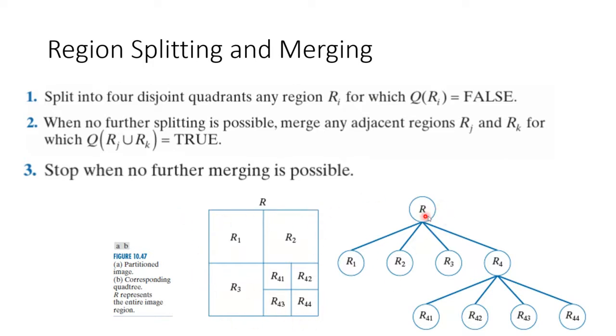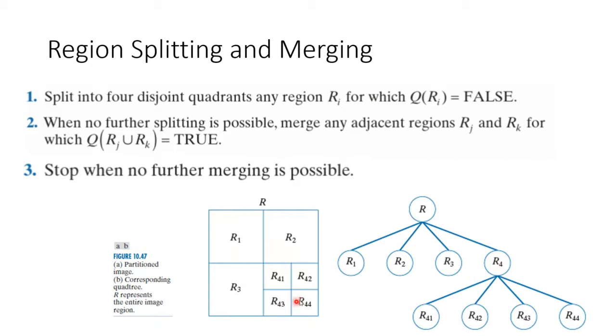The first children of the root will be the first quadrants, quadrant 1, 2, 3, 4, and so on. Then the children of the children will be the quadrants within the quadrant.